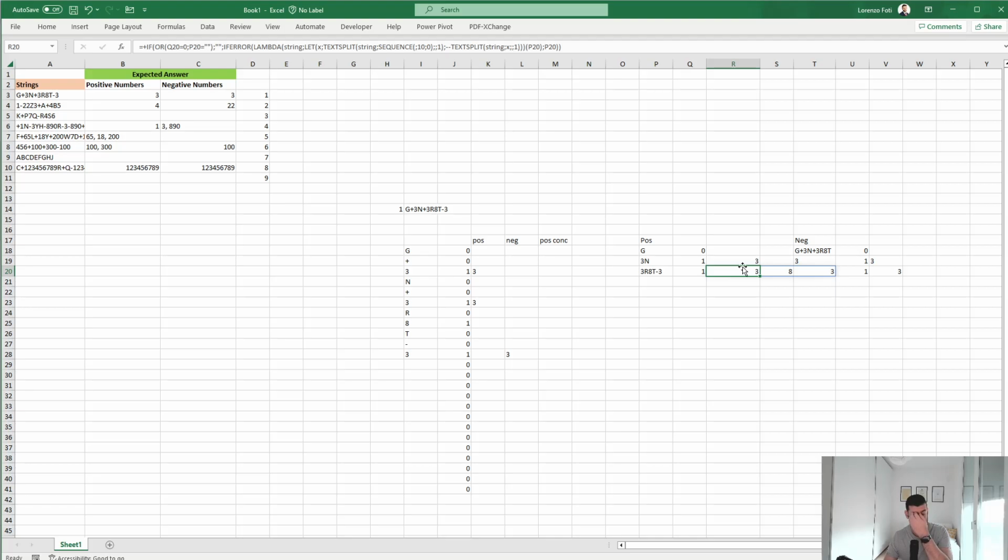Oh, of course not, because I need to take only the first one. I also need to take the first. And then I need to do a unique.